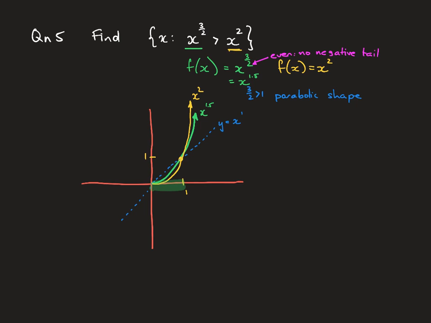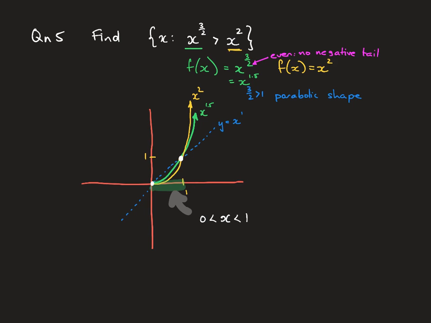And so our solution is this domain here. So the actual answer to the question is that x is between 0 and 1, because at the point 0 they're equal, and at the point 1 they're equal. So the green line is only above the yellow line in between that section.